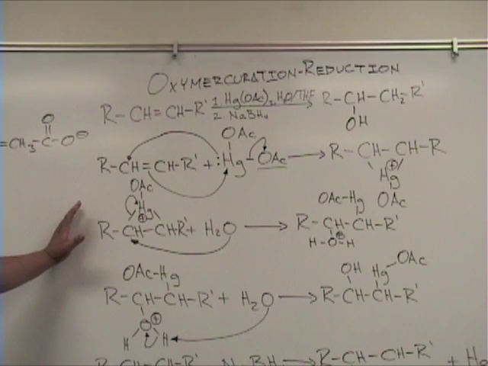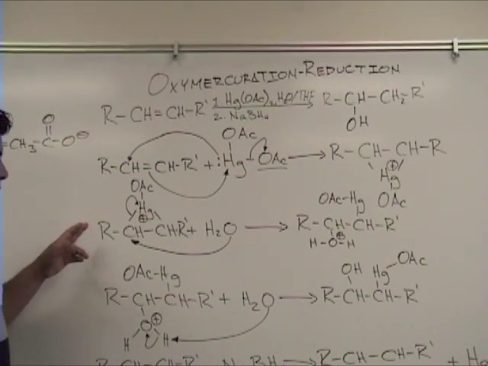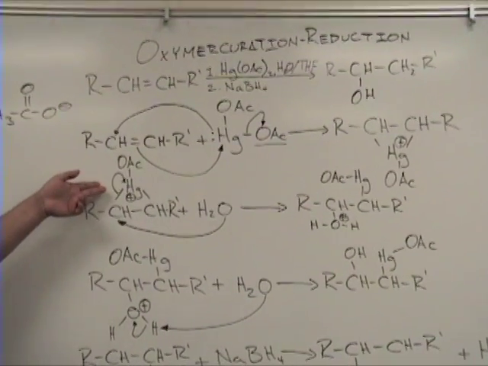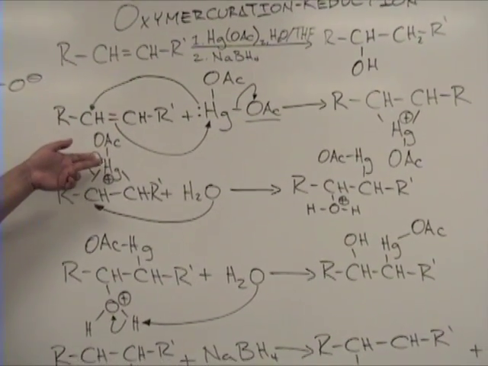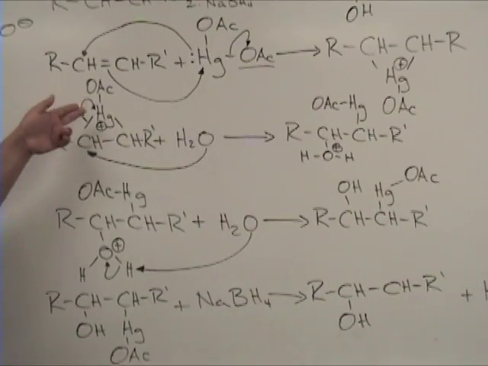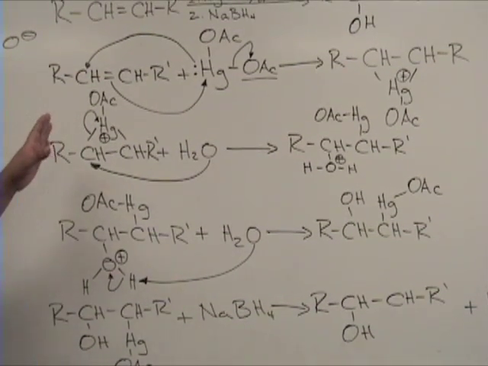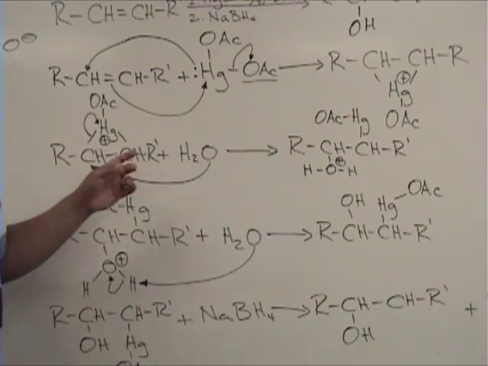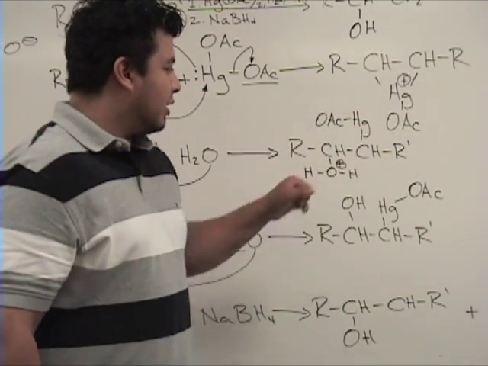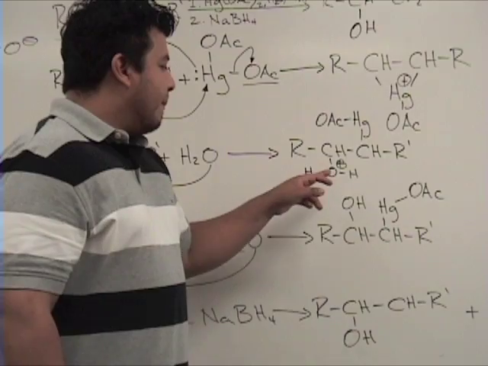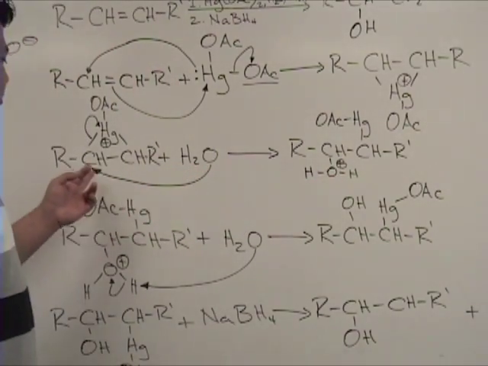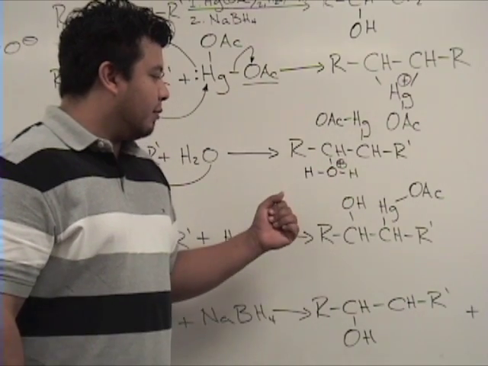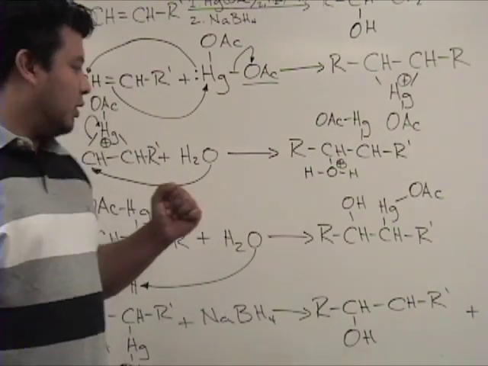Then this is the second step, and what happens is that water is going to attack the carbon, and the bond between the Hg and the carbon is going to break. The Hg is going to take the electrons, and it's going to take care of this positive charge. So in here, we see the product, it doesn't have the positive charge. But the protonated alcohol that we formed does have a positive formal charge right there.